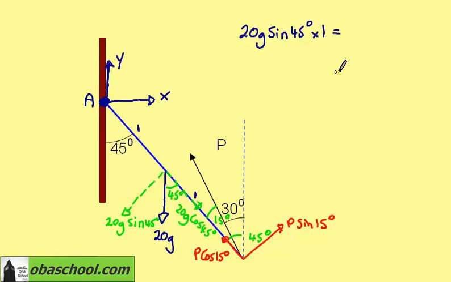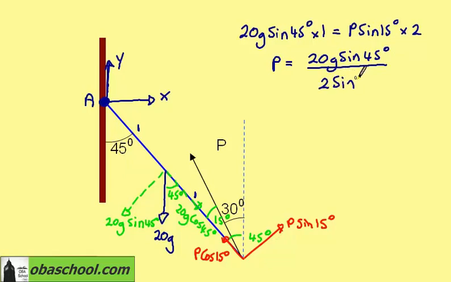Since we're in equilibrium, it must be equal to this one, P sine 15, multiplied by its distance from A, which is 2. So we have clockwise moments equal to anti-clockwise moments. The only unknown here is P, so we can rearrange to get P is 20 times g times sine 45 divided by 2 times the sine of 15 degrees.